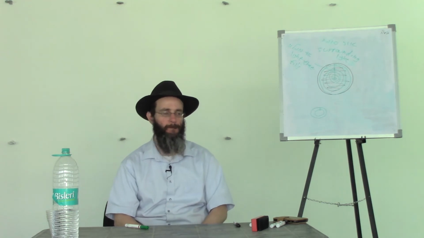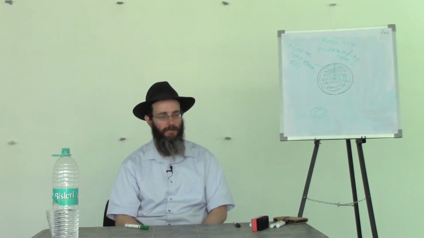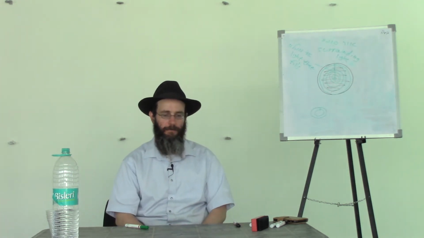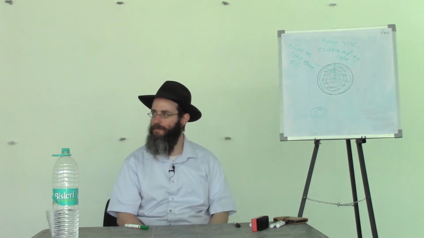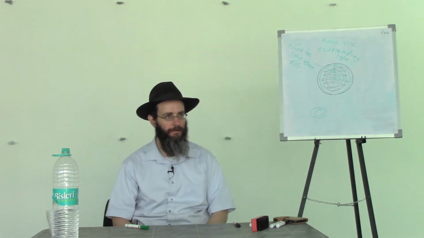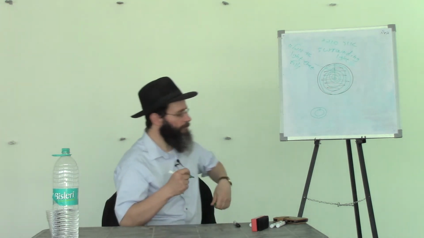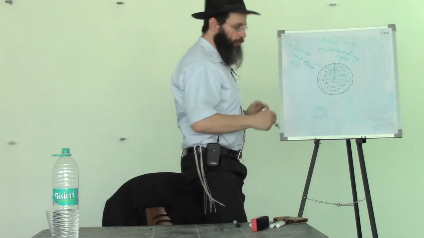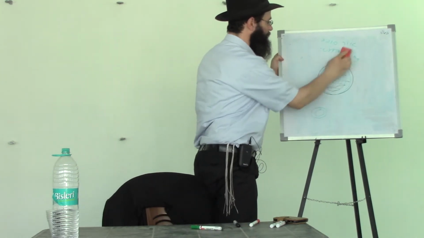But for now, we'll start with something more basic, which would help us also understand the Sefirot better, which is the concept that we're talking about many, many worlds here, but initially there were two worlds. And one of them is called the world of Tohu. Let's just take this away because we're starting something new.